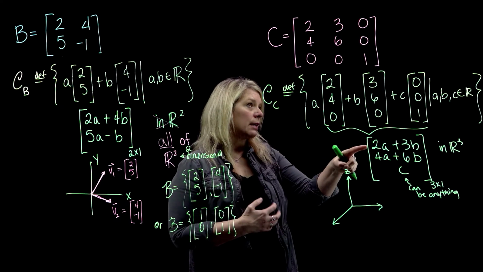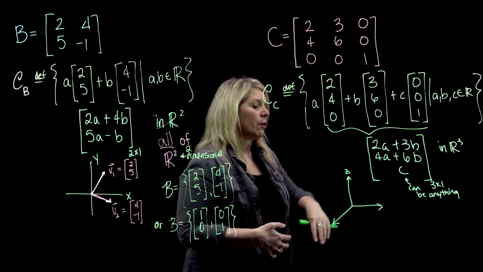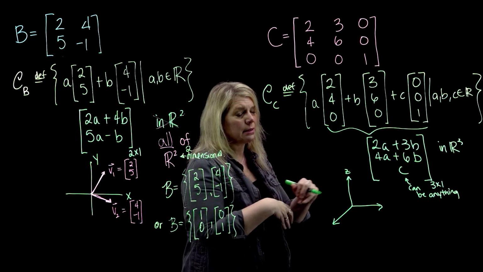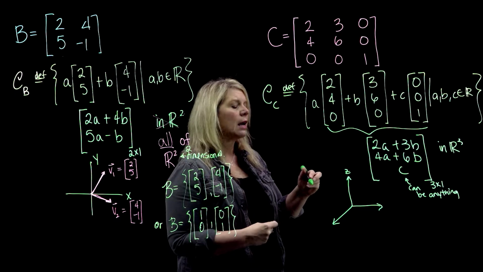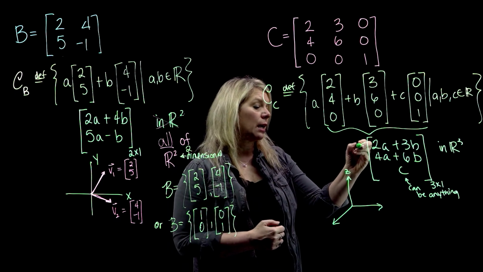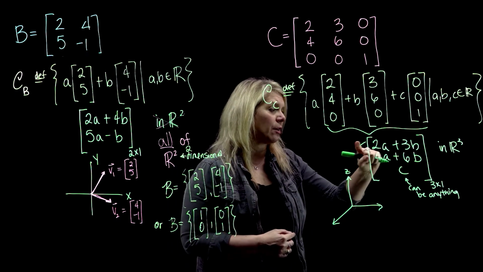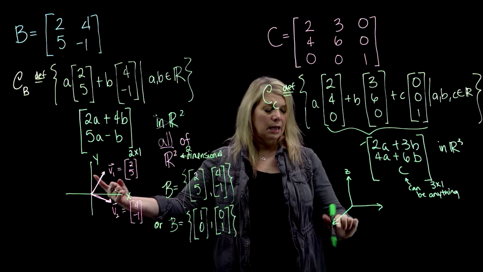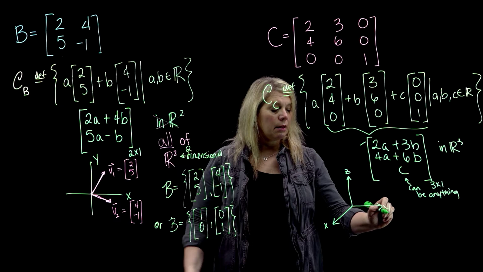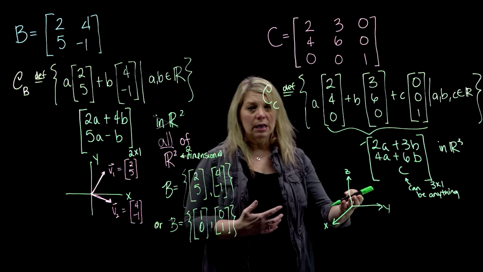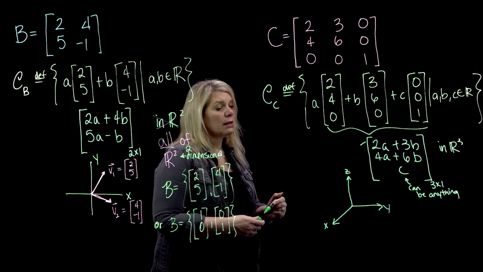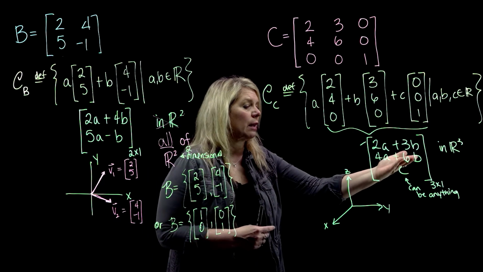You might notice I intentionally constructed this matrix so it was easy to see some relationships. Sometimes it's not as easy to see and you have to do a little bit of algebra. But when I think about drawing a vector in R3, just like in R2, the first entry you're usually going to sketch parallel to the x-axis, and the second entry you would sketch parallel to the y-axis.